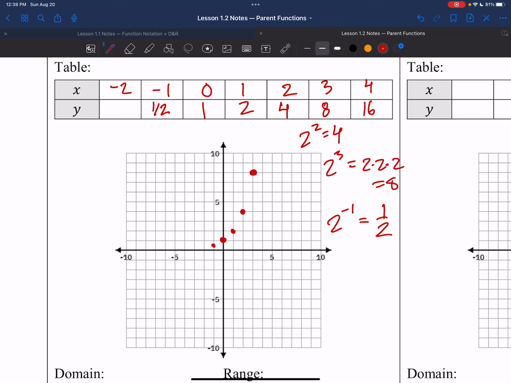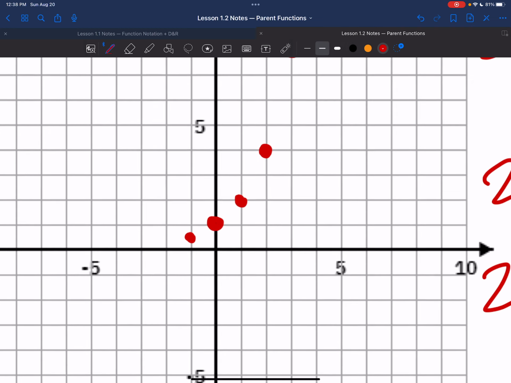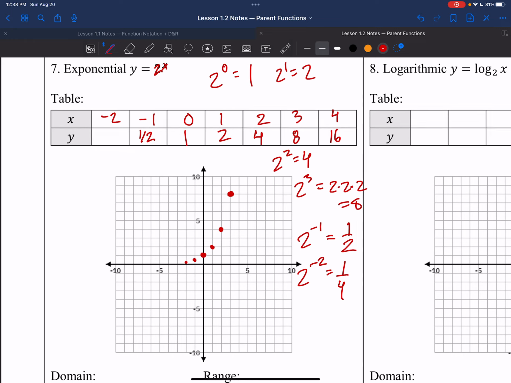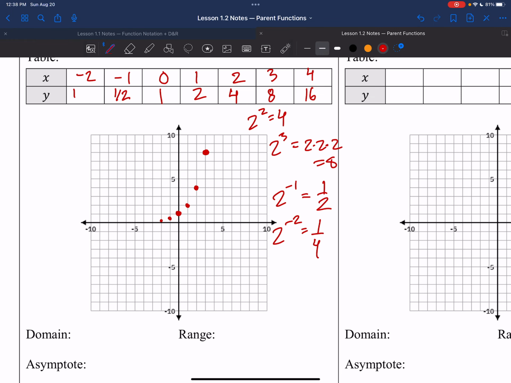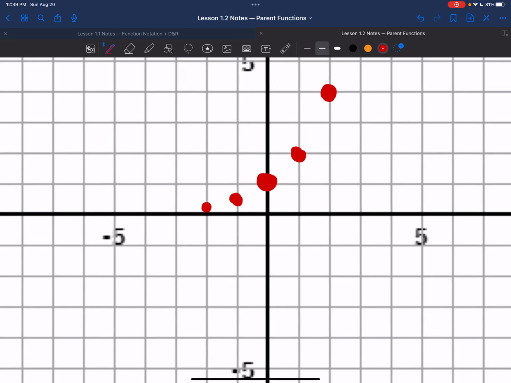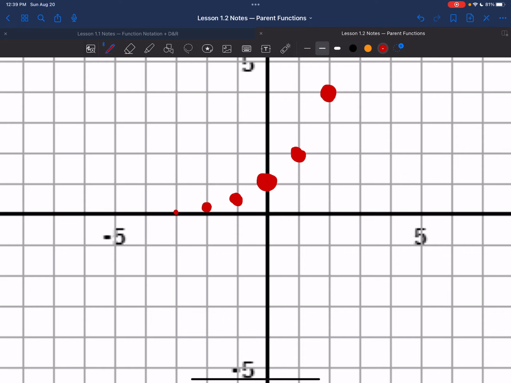At -2, 2 to the -2 is actually 1/4. So it's going to get really low here. If you do 2 to the -3, you're going to get 1/8. And it's going to be even smaller, tiny, tiny, and getting really close to 0.